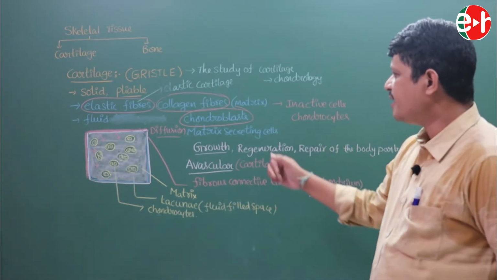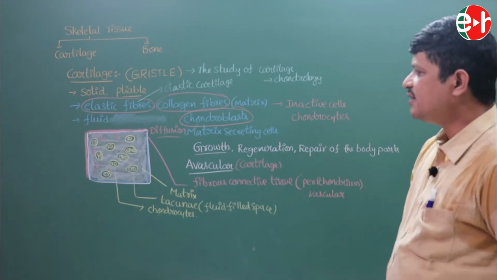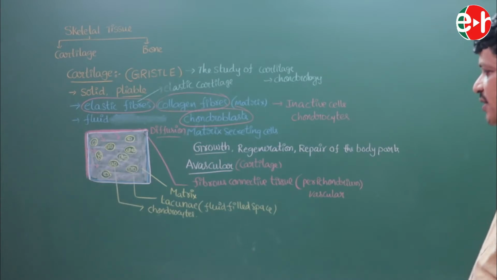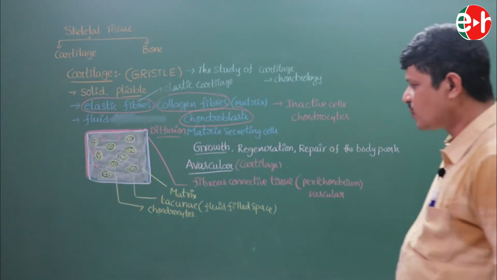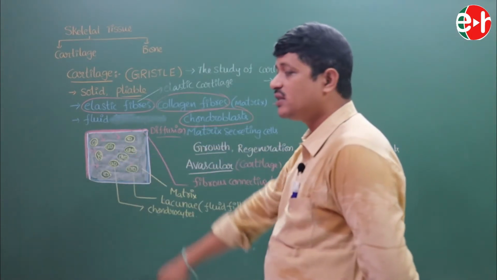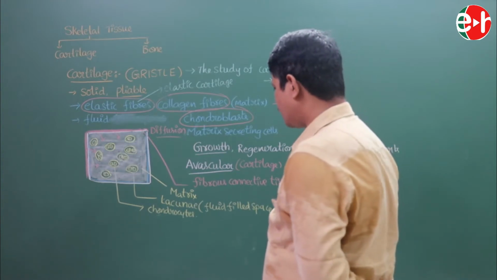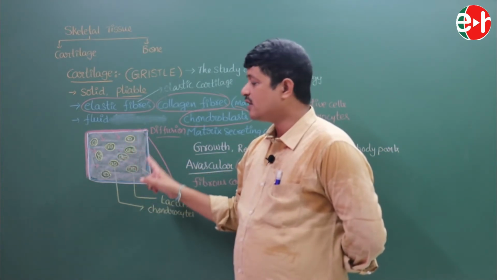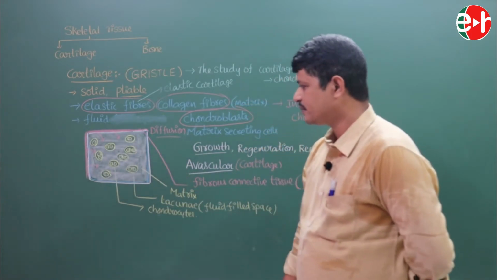Okay? And here the cartilage is surrounded by a membrane, a fibrous connective tissue, the perichondrium. Cartilage is avascular, no blood vessels, but the perichondrium which surrounds the cartilage is vascular. So the cartilage gets the nutrients from the perichondrium through diffusion.